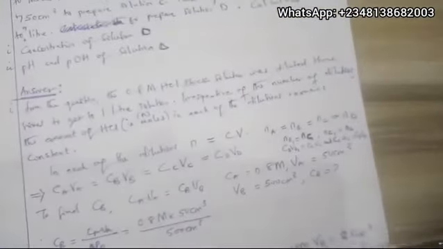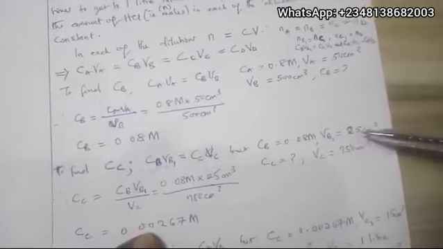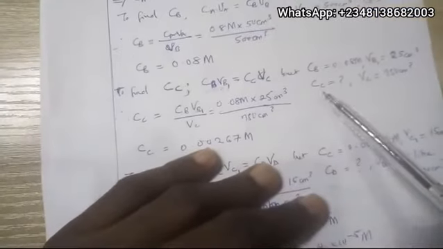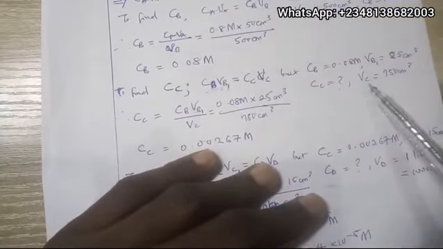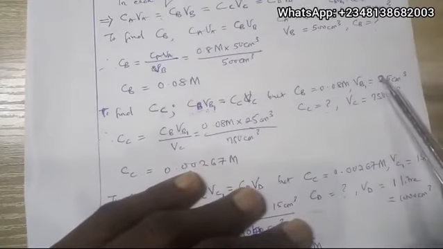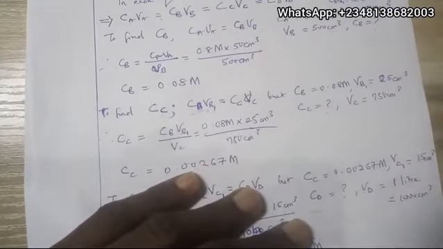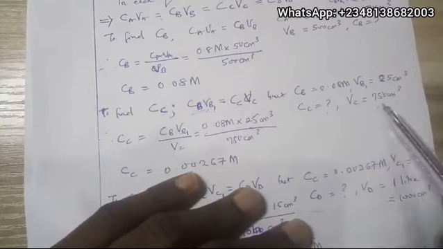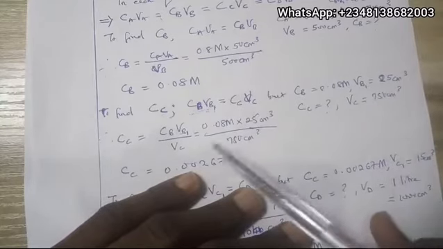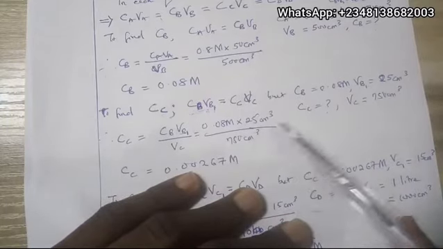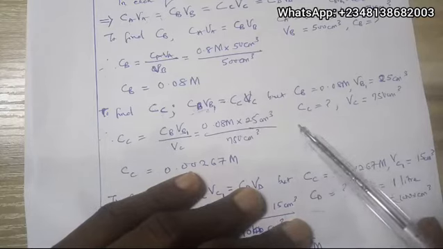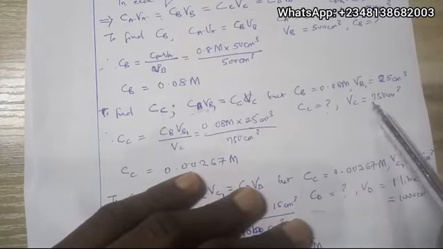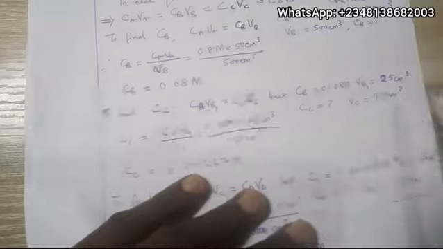That's why we are having Vb1, which is 25 cm cube. Cc is what we don't know. But Vc is the volume we diluted it to. This volume is the volume of the new solution of hydrochloric acid, which is solution C produced. So Vc is equal to 750 cm cube.